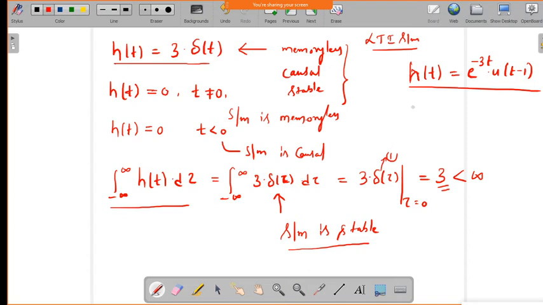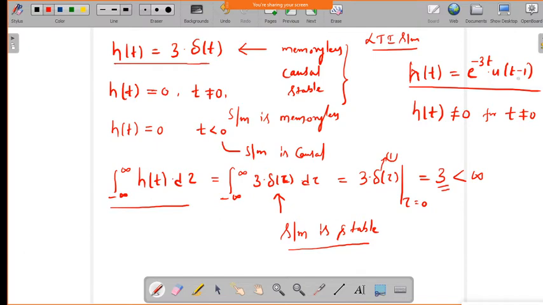See the value of h of t for t not equal to 0. Is h of t equal to 0 for t not equal to 0? No, h of t is not equal to 0 for t not equal to 0, since it has values from 1 to infinity.